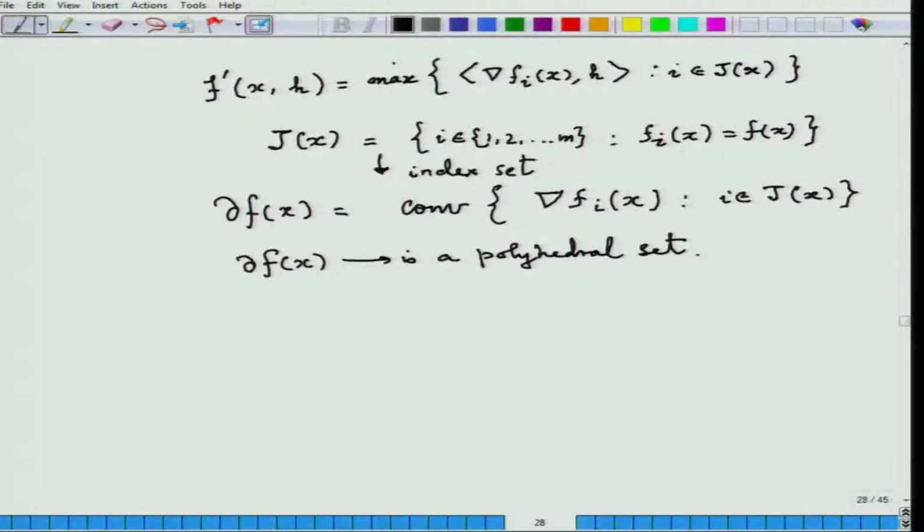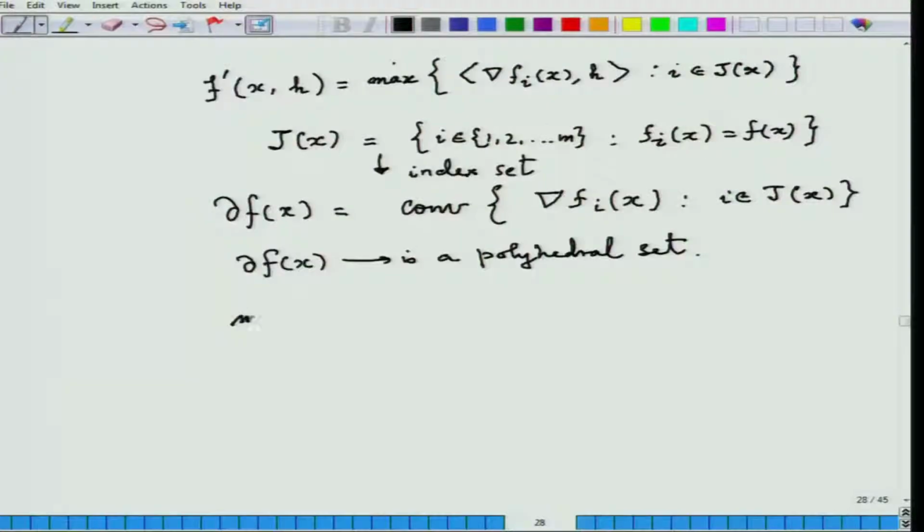So, we will see how this idea can be used to derive the optimality conditions for a differentiable convex programming problem. Take a convex optimization problem: minimize f of x subject to g_i of x less than or equal to 0.